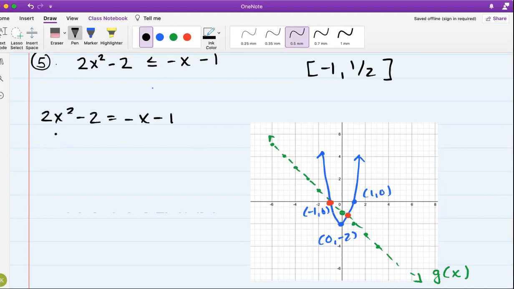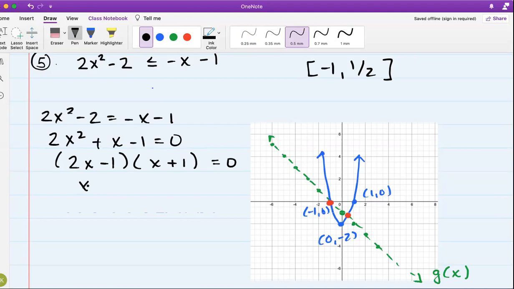So I'm going to move everything to one side and factor, which is going to factor just like we found last time into 2x minus 1, x plus 1. And you can see that x is 1/2 and x is negative 1. So we got the negative 1 here, and this point is 1/2.